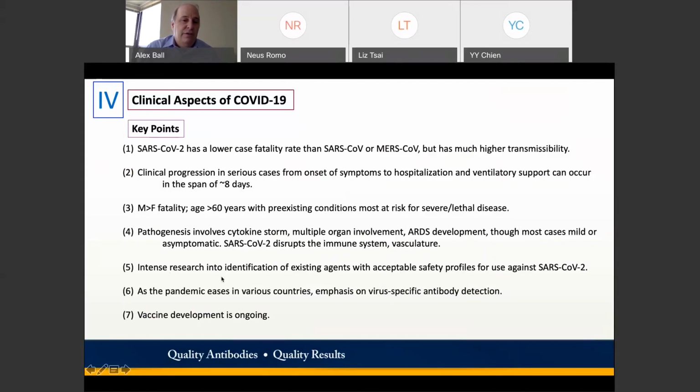There's intense research in the identification of existing agents with acceptable safety profiles for use against SARS-CoV-2. At this point, certain monoclonal antibodies and perhaps remdesivir are leading candidates. As the pandemic eases in various countries, there'll be, of course, an emphasis on virus-specific antibody detection. So at that point it would be IgG. And vaccine development is ongoing, although there are some really optimistic early results.